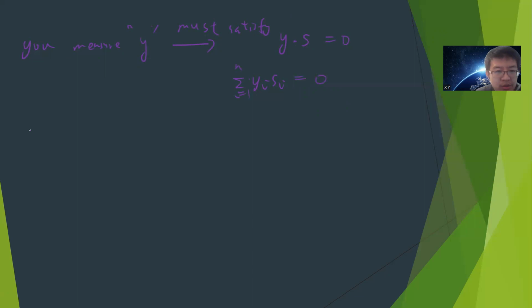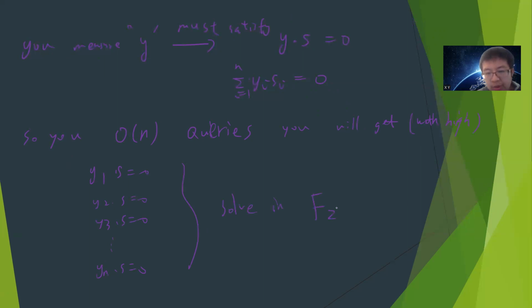Okay, so you can just make O of n queries. Then you will get, with high probability, y1 dot s equals 0, y2 dot s equals 0, up to yn dot s equals 0, which you can solve as a linear equation.